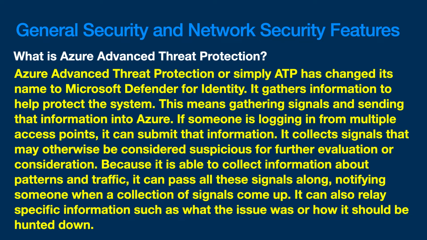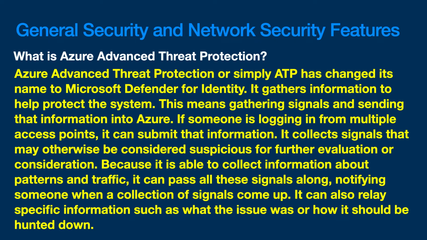The next question is, what is Azure Advanced Threat Protection? Azure Advanced Threat Protection, or simply ATP, has changed its name to Microsoft Defender for Identity. It gathers information to help protect the systems. This means gathering signals and sending that information into Azure. If someone is logging in from multiple access points, it can submit that information.